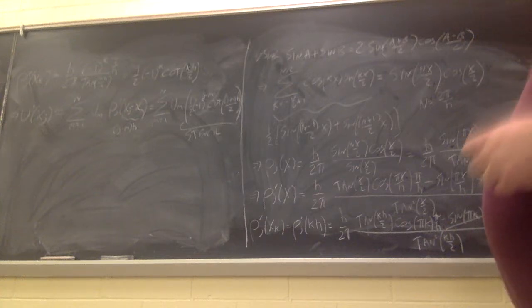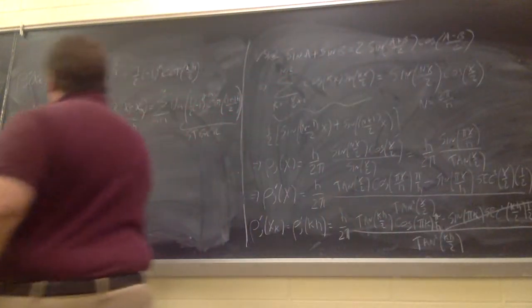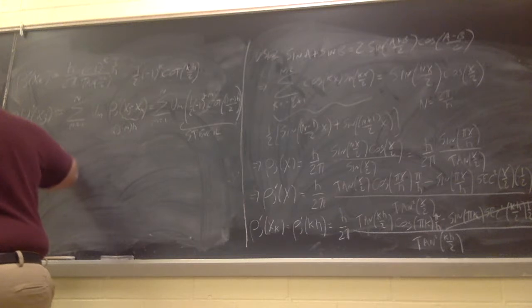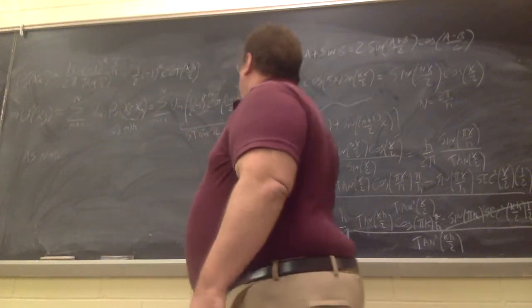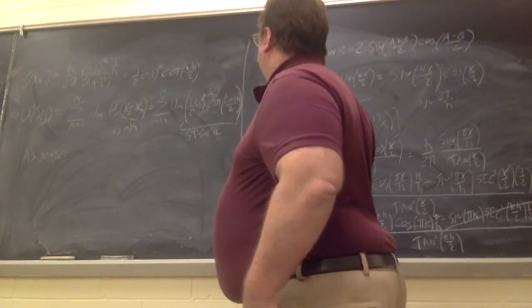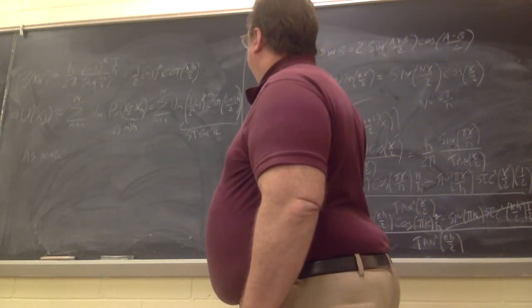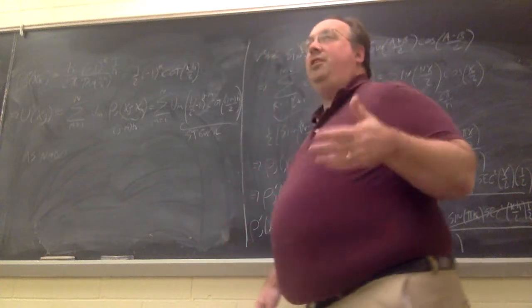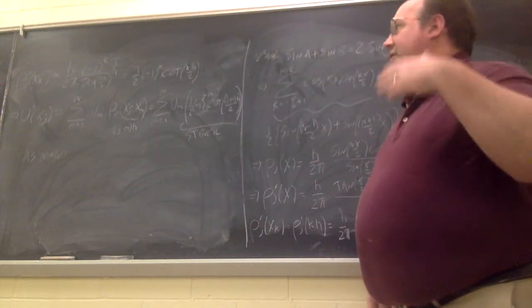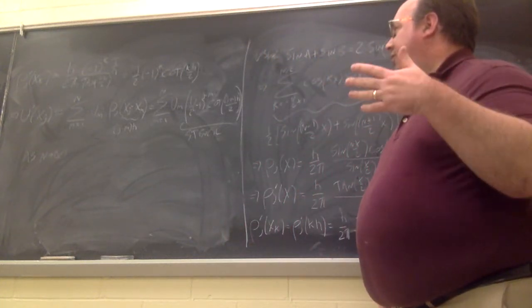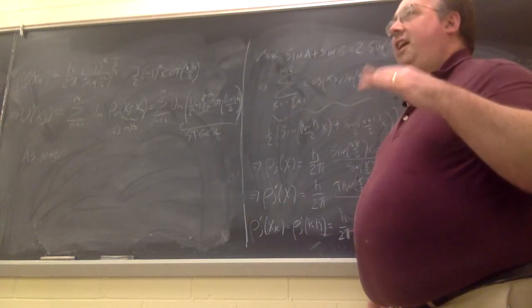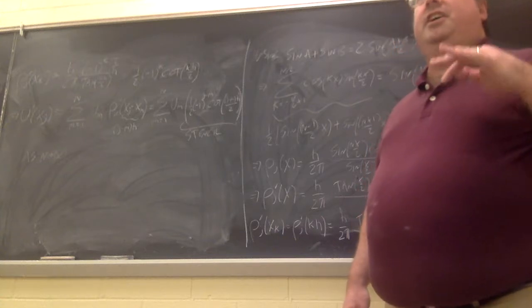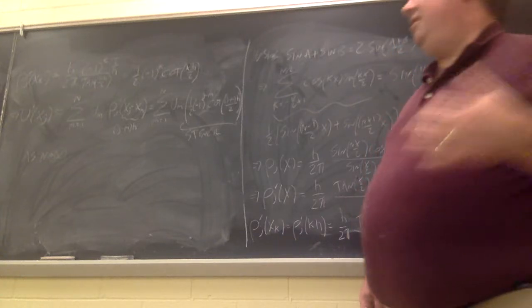Now, one thing worth pointing out is that as n, the number of grid points, goes to infinity, h goes to 0. Cotangent is cosine over sine. Cosine, as h goes to 0, goes to 1. Sine of x for small x is essentially x.